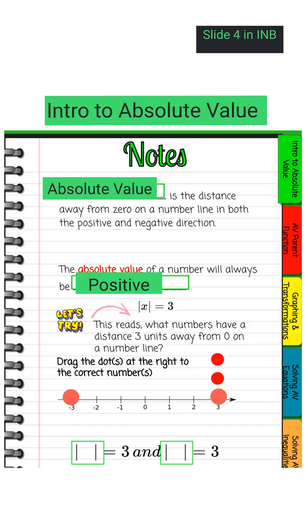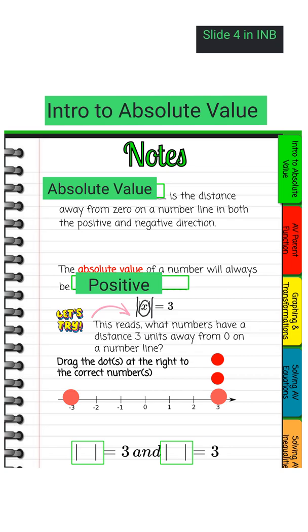And so when you're trying to figure out what goes inside, like if I'm trying to find this value right here that's inside those absolute value bars, it can be either the positive or the negative of that number.